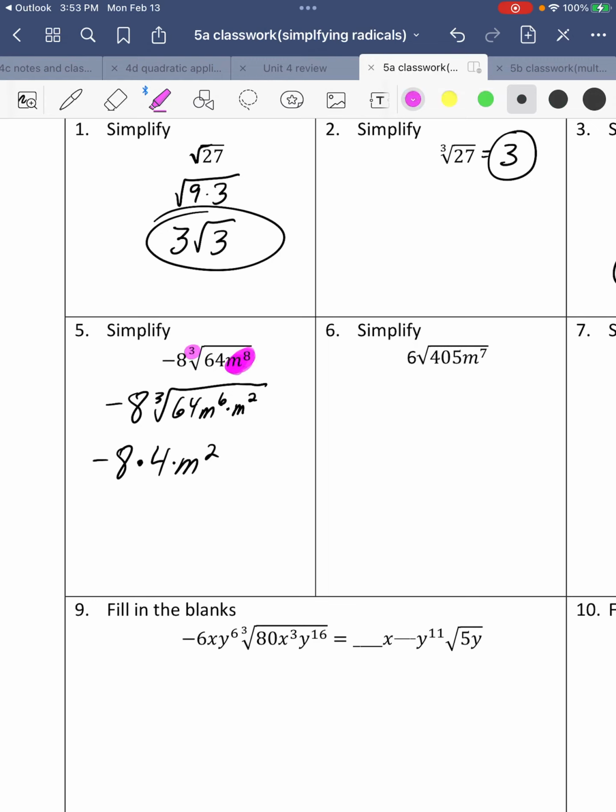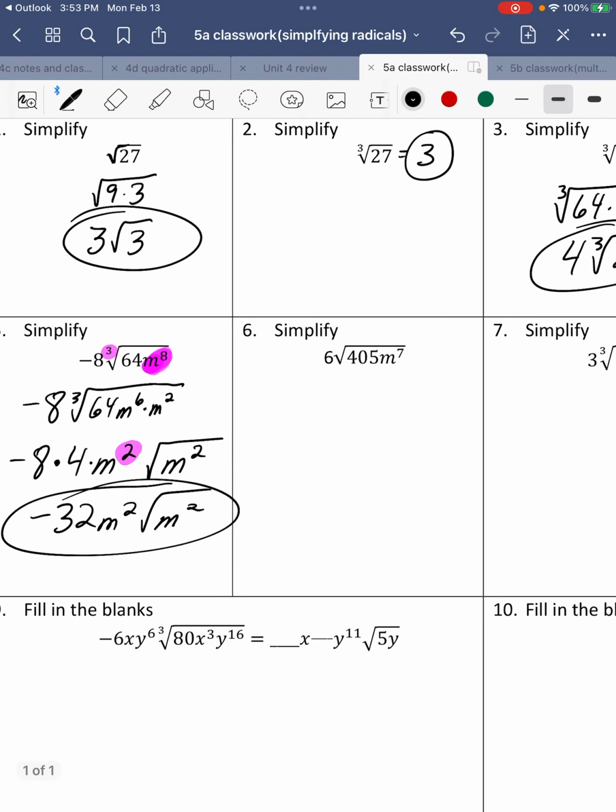You think you have 8 m's, and how many groups of 3 can you take out? Well, you can take out 2 groups. That's 6. There's 8 total, so 8 minus 6 is 2, so there'll be m squared left over on the inside. So we have negative 8 times 4 is negative 32 m squared, cube root of m squared.